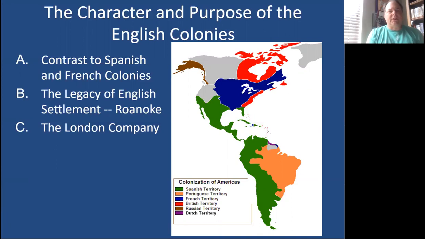The main thing to remember here for this presentation is that the Spanish colonies were very hierarchical, very top-down kinds of enterprises. The Spanish monarch would oversee the whole enterprise, and of course they would appoint governors or viceroys over various parts of their colony.